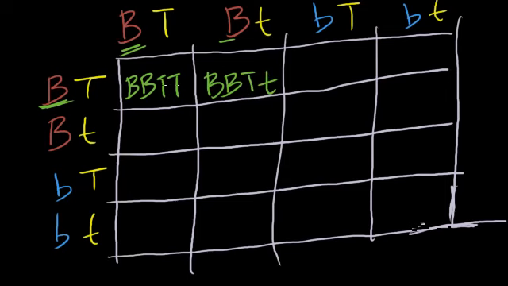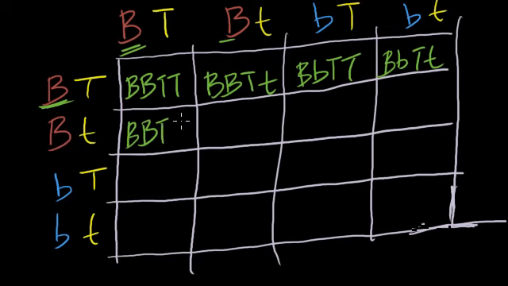Then I could get a capital B and a lowercase b with a capital T and a capital T, then capital B, lowercase b, capital T, lowercase t. I'm just going to go through these super fast, otherwise it's going to take forever. So capital B from here, capital B from there, capital T, lowercase t from here, capital B from each, and then lowercase t from each.